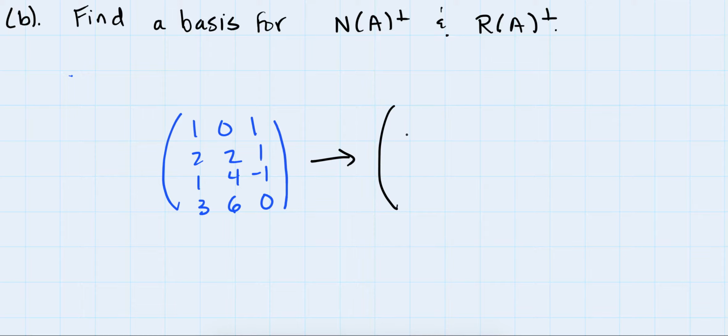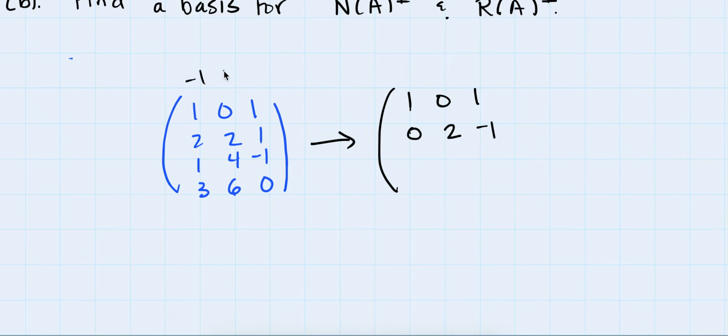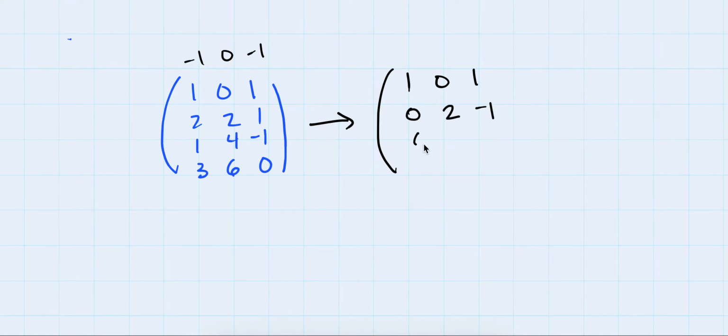So let's do that. 1, 0, 1. So if I multiply it by a negative 2, I get 0, 2, negative 1. If I multiply by negative 1, I'm going to get 0, 4, negative 2.